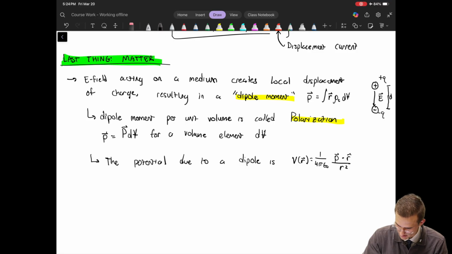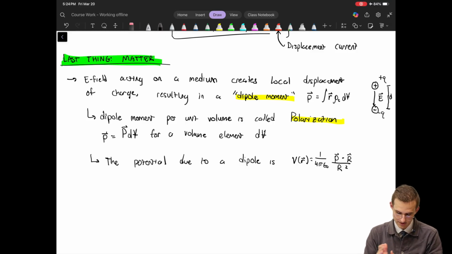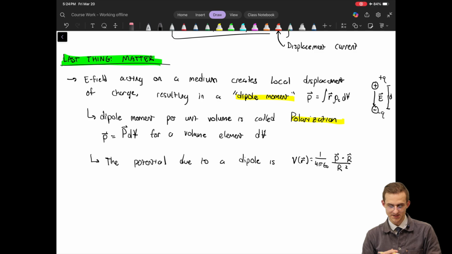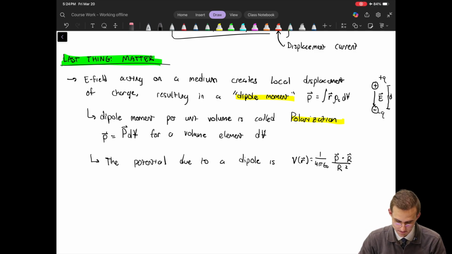It's better if I make these capital R's here, so we're careful to keep our old notation, not just placing dipoles at the origin for no reason, keeping it general.